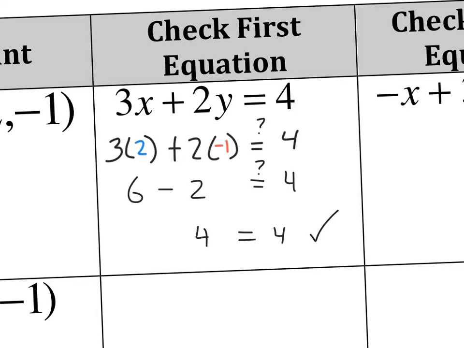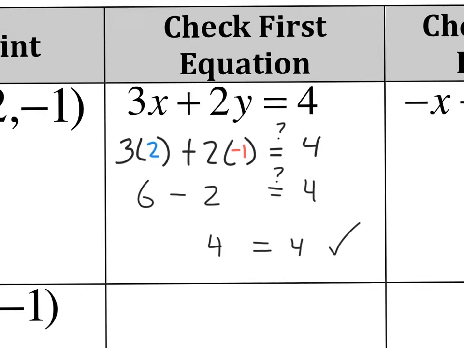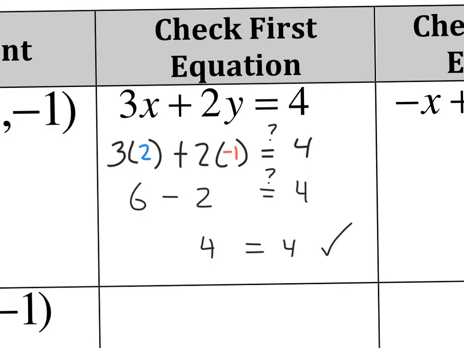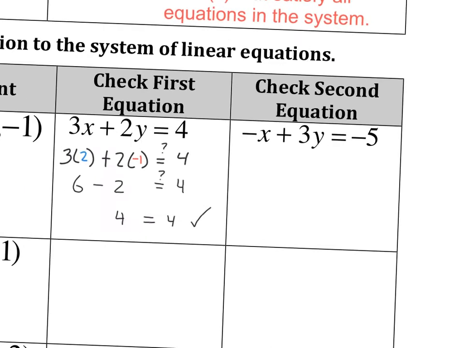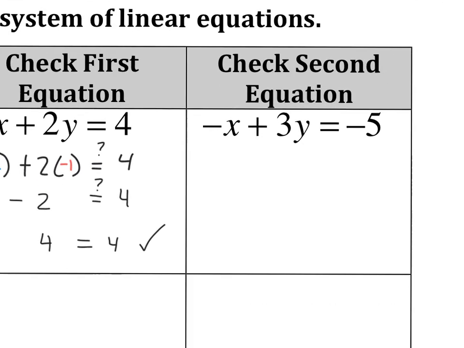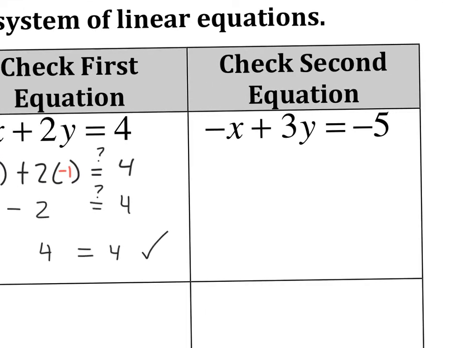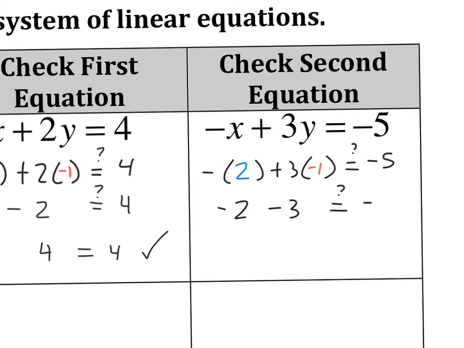Now, that does not mean it is a solution to the system. 2, -1 is a solution to this first equation. Yay! Now let's check to see if it's also a solution to this one. So, again, I plug in the 2 and the -1. I'm going to put a question mark because I do not know yet. And simplify here. -2 minus 3 is equal to -5.